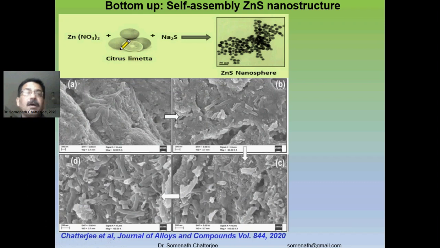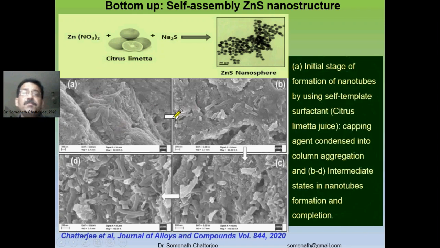Binder means that there will be a cover, which will basically isolate from another one. This is called the scanning electron microscope image, where you can see the formation of the nanotubes, how the nanotubes are forming.